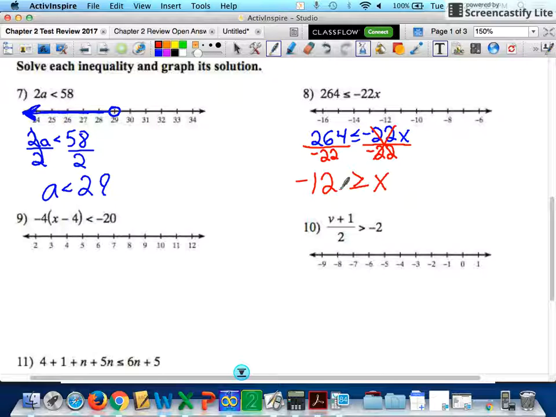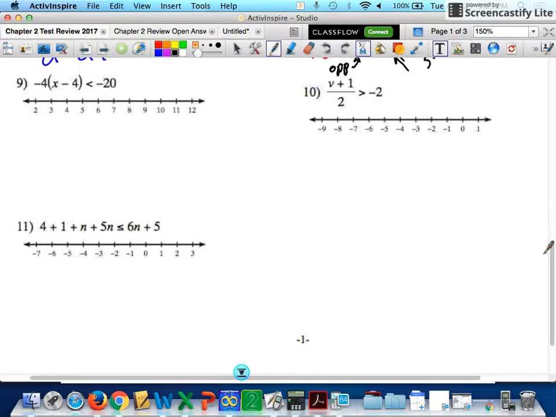To graph that, we find -12 on our number line, do a solid dot, and then this time our x is on the right-hand side. That means we have to do the opposite of this arrow. In other words, I'm going to shade left.